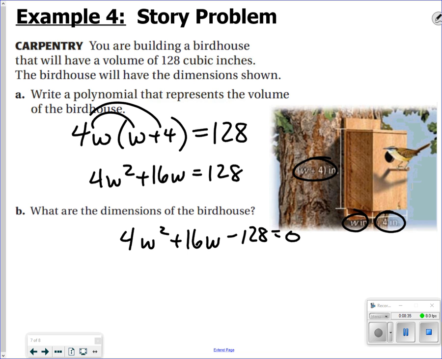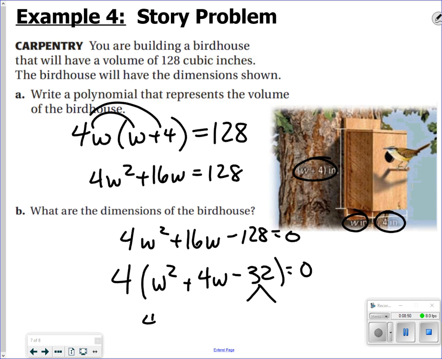now I can solve. So is there a GCF? Is there something I can take out of all of them? Yes, they're all divisible by 4. Then I can factor, so I need two things that'll multiply to be -32. So +8 and a -4. Now, when setting your factors equal to 0, you don't have to set something like a number equal to 0 because ultimately there's no variable there.